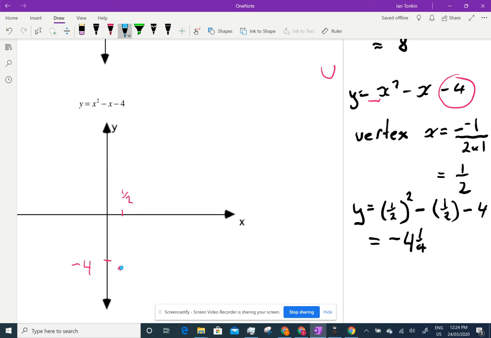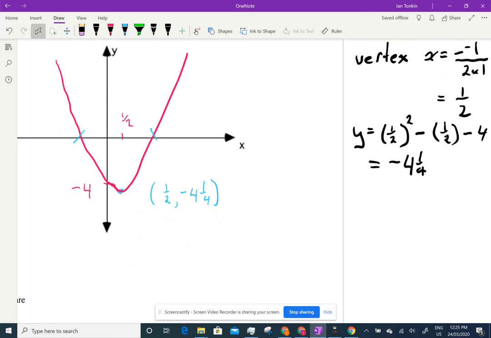Let's make it blue. My curve is going to come down there and go there. That's pretty badly done. And my vertex is a half and negative 4.25. Beautiful. So all I've got to do is find these roots.